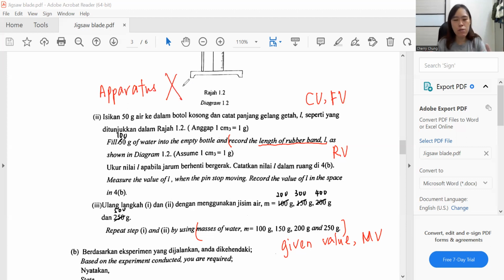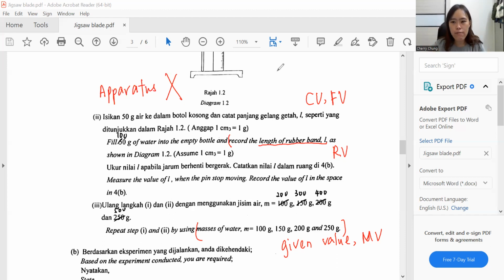For example, sometimes you like to write the size of the measuring cylinder, the size of the bottle. No, you cannot use that as your variable because that is the apparatus. Sometimes some of you will write the type of the ruler. No, not at all. All the apparatus is not your fixed variable.